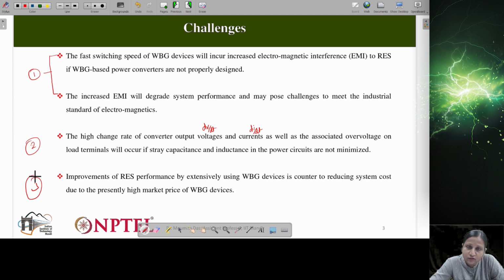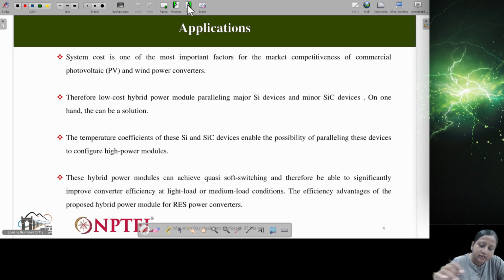And the third thing is the cost part. We cannot do anything about the device cost, but we can optimize the size of the remaining components in the converter other than the device, so that overall cost can be reduced, right? So these are the three challenges you can always see in this application.